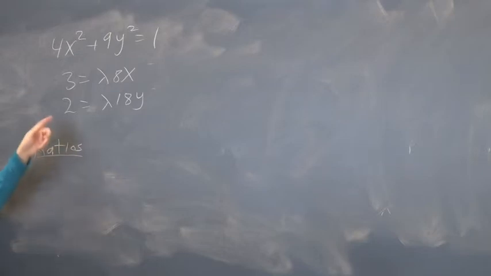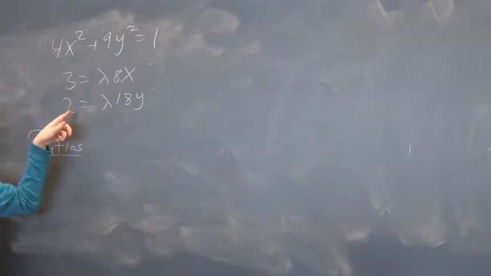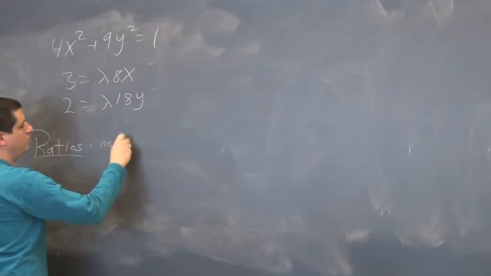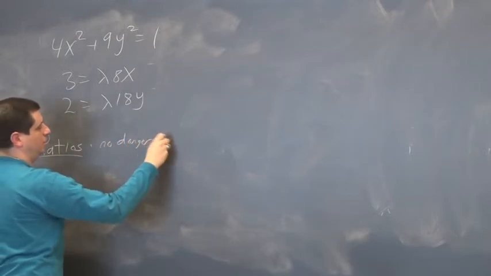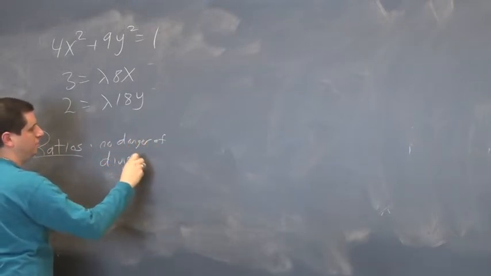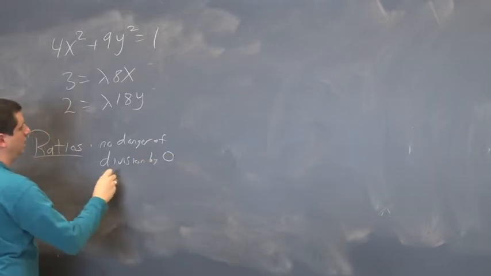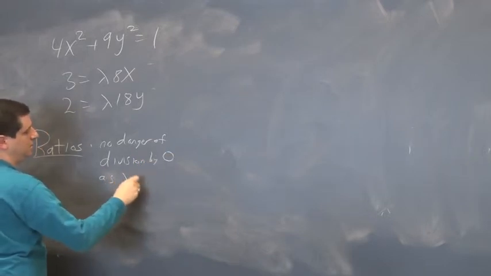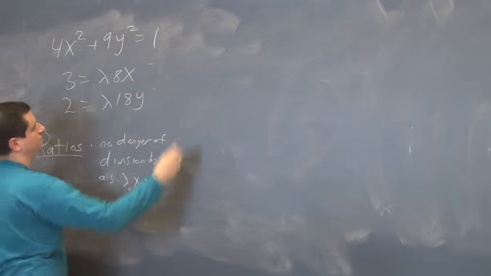I guess possibly we could. But if I tell you this equals 2, is there any way lambda could be 0? No. Could y be 0? No. So no danger of division by 0, as lambda, x, and y do not equal 0.